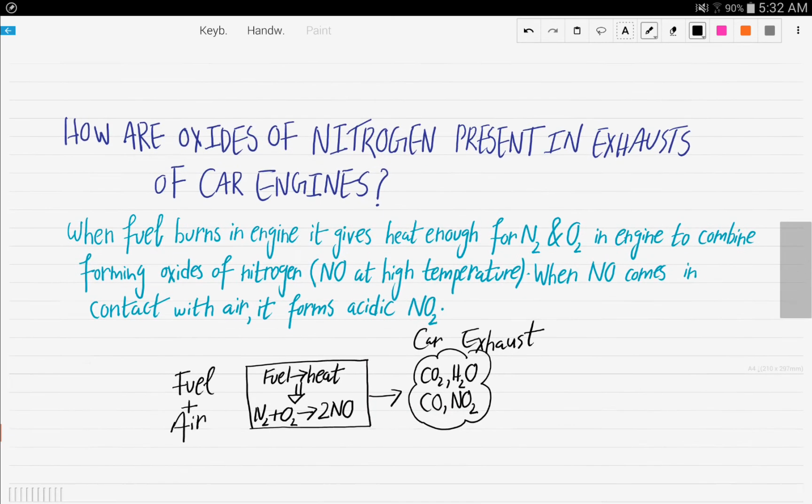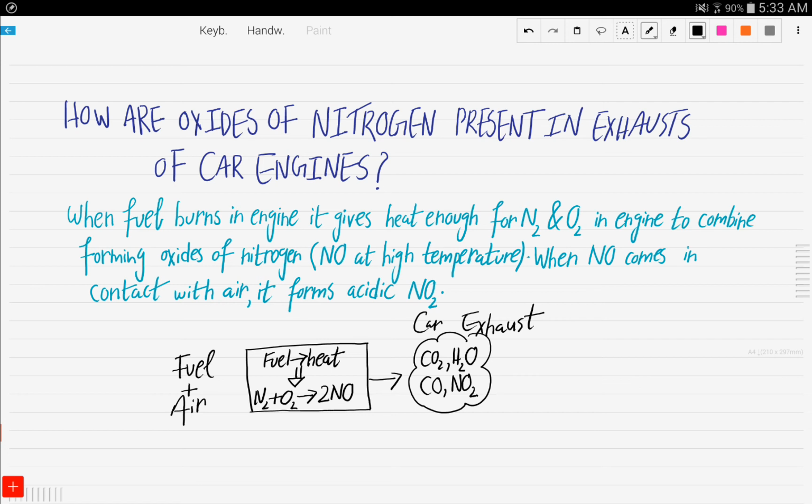Now, let's understand the reason behind the presence of oxides of nitrogen in the car engines. When fuel burns in the engine, it gives heat enough for the nitrogen and oxygen in the engine to combine, forming oxides of nitrogen. That is nitrogen monoxide at high temperature. Okay, so let's stop here.